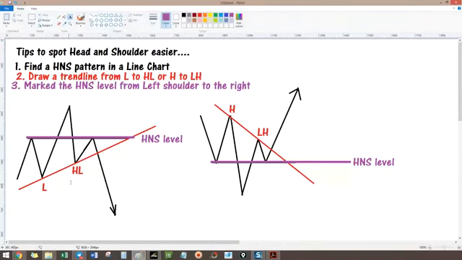Okay, and number 4, just mark the zone. This one maybe in green. Okay.